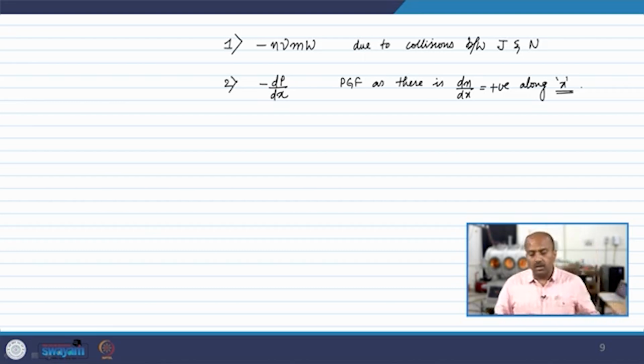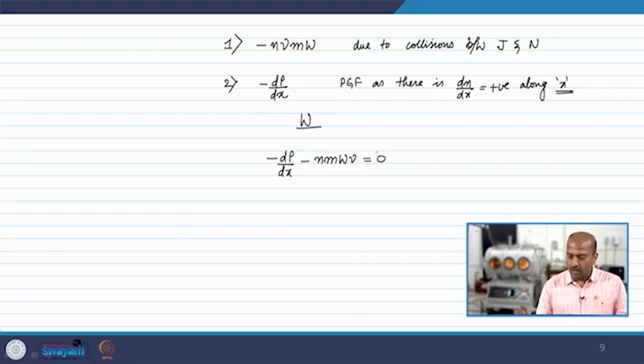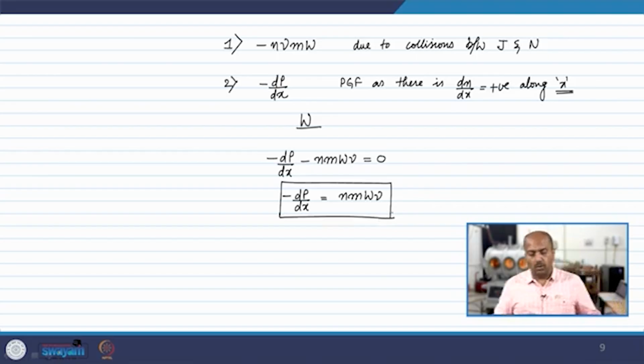That means, for a uniform W drift velocity, you would expect these two forces to be equal to each other. These two forces when combined should give you 0: minus dP by dx minus N m W nu is equal to 0. We can write it as minus dP by dx is equal to N m W nu. This is just one relation that we have to understand or remember thoroughly.